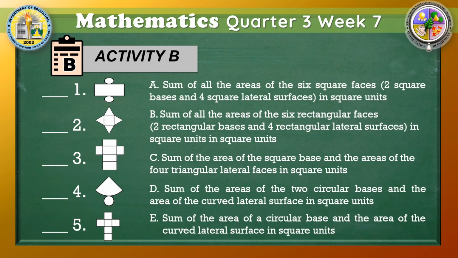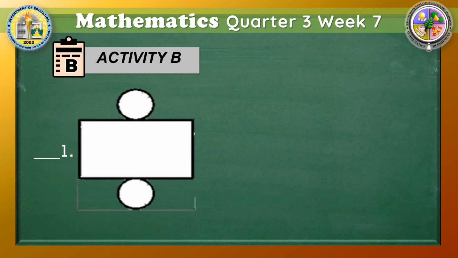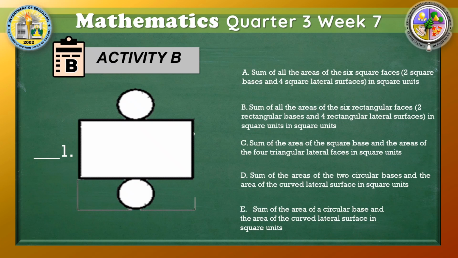If you look closely, the figure in number 1 represents the net for a cylinder, wherein the surface area is described as the sum of the areas of the 2 circular bases and the area of the curved lateral surface in square units. So, the answer is letter D.